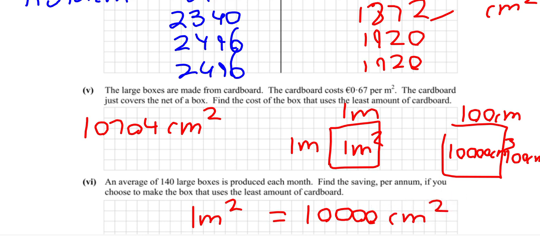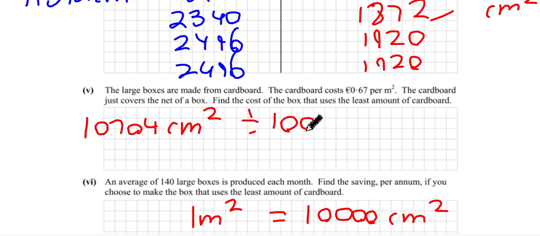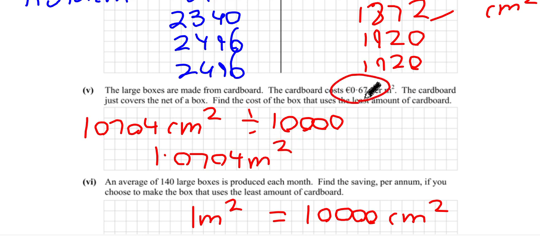It's quite a tough question, to be fair. So you have to divide this answer by 10,000, and you get 1.0704 meters squared. And then you multiply that by 67 cents.